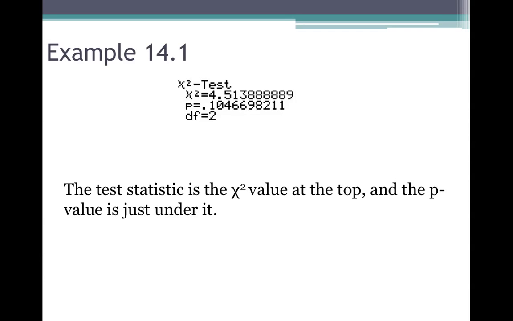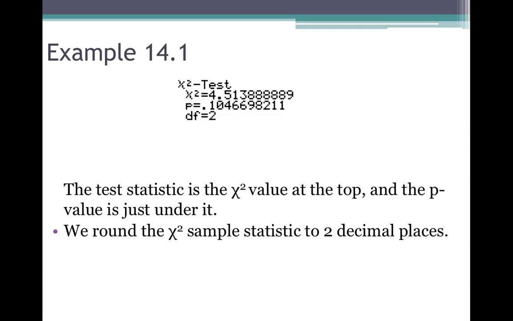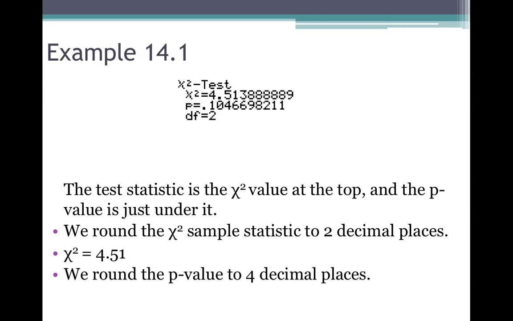Okay, so we're going to round our chi-square sample statistic to 2 decimal places. So when you are asked to enter the chi-square sample statistic, or basically the value of the sample statistic, that's what the handout says, you're going to write 4.51, and when asked for the p-value, you're going to do what we've always done, 4 decimal places. So the p-value is 0.1047.